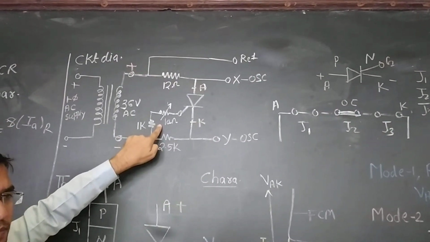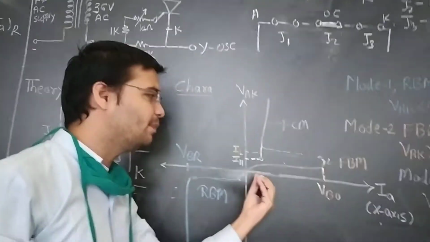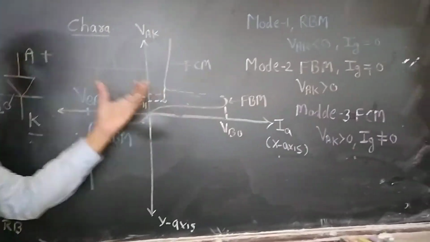When we change the pot resistance, the characteristics change because we are triggering the gate terminal.